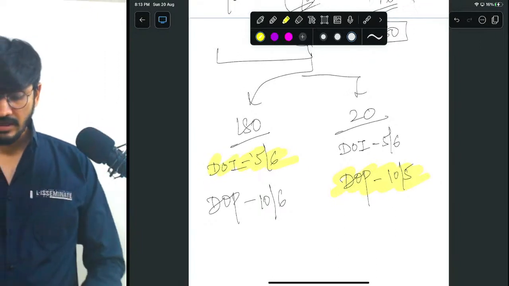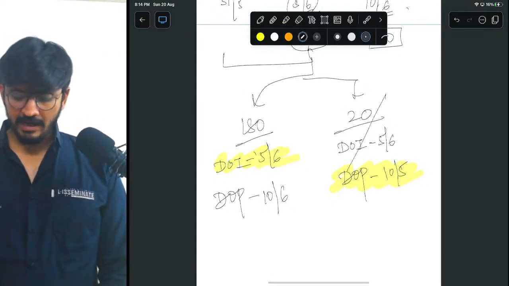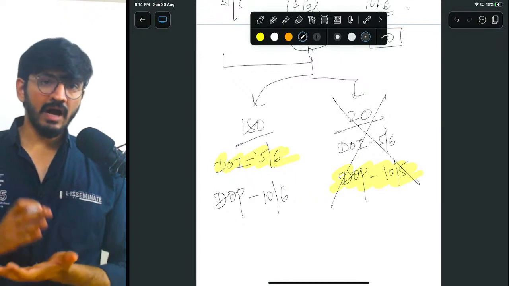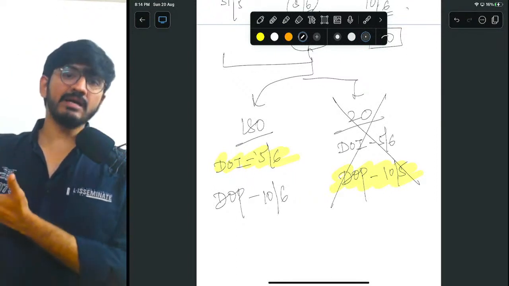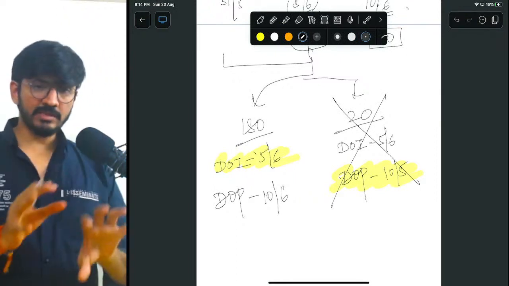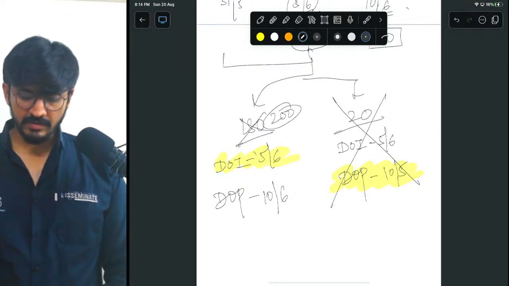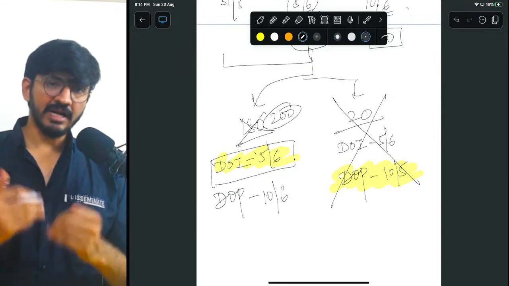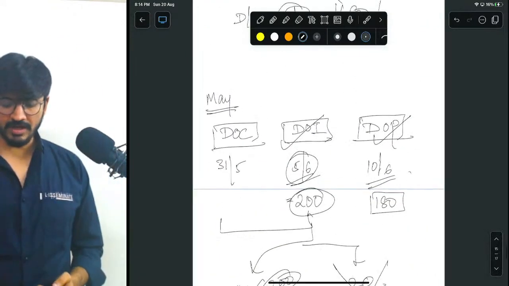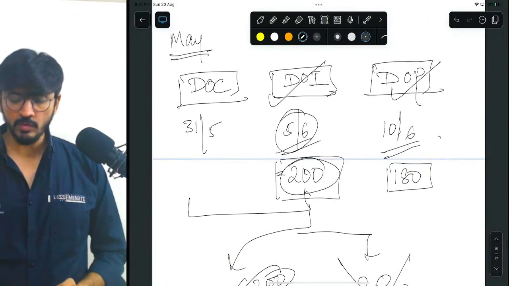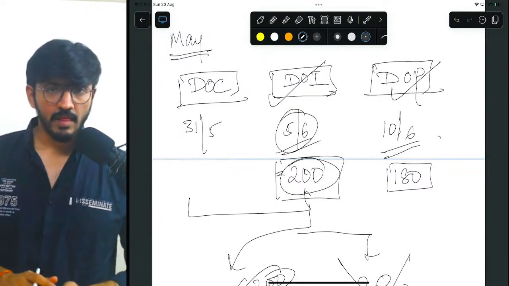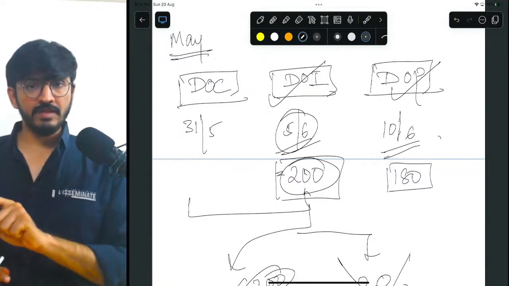Stop doing this. Government said instead of calculating this 20 rupees' time of supply differently, attach it with that 180 only, and for the entire 200 consider the entire time of supply as date of invoice. So basically whatever invoice value is raised in the next month, 20 rupees is also a part of that.